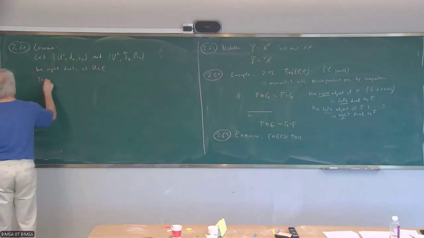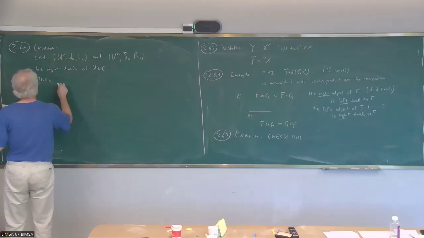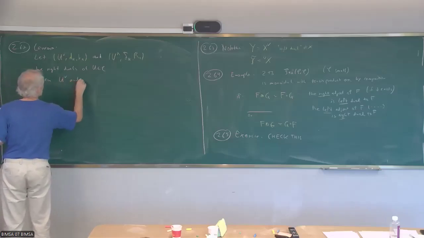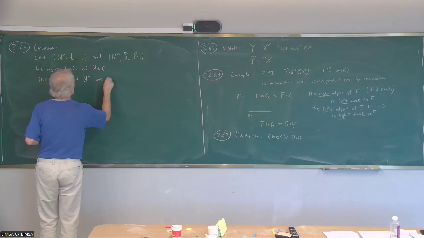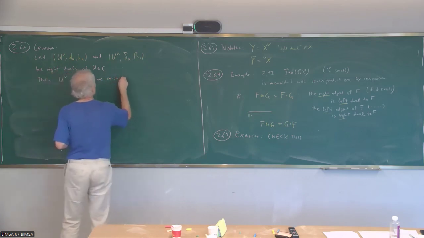Then u, v, and u with this other symbol are canonically isomorphic.